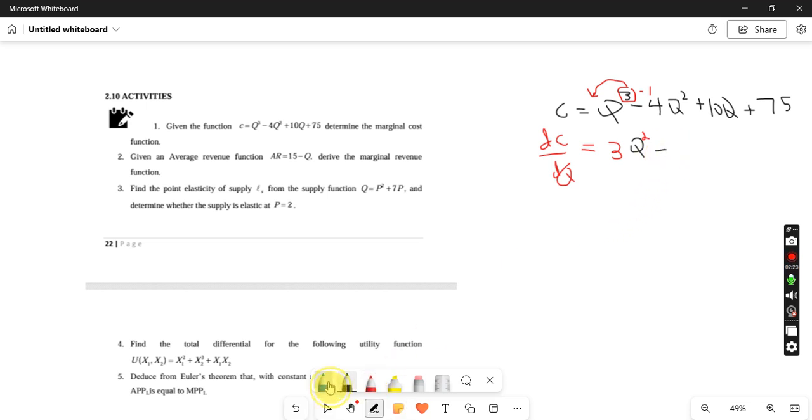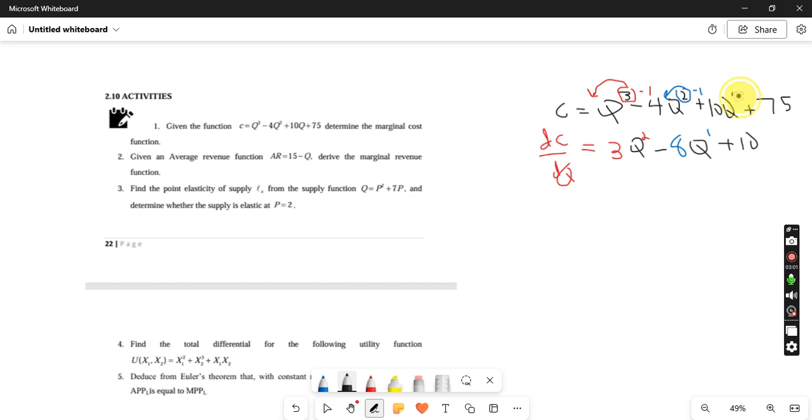Minus, we do the same thing again: multiply the power, 2 times 4, that is 8, and subtract 1 from the 2, 2 minus 1 is 1. Plus 10Q, this Q is to the power 1. 1 times 10 is 10.